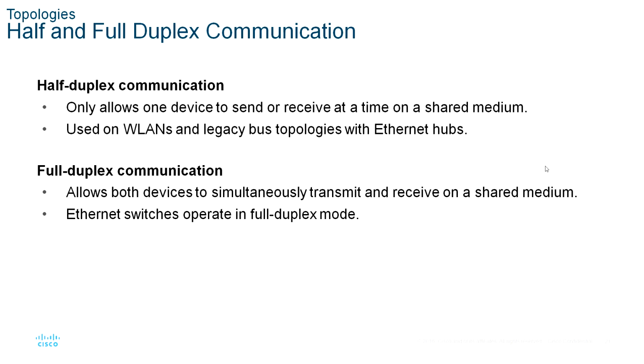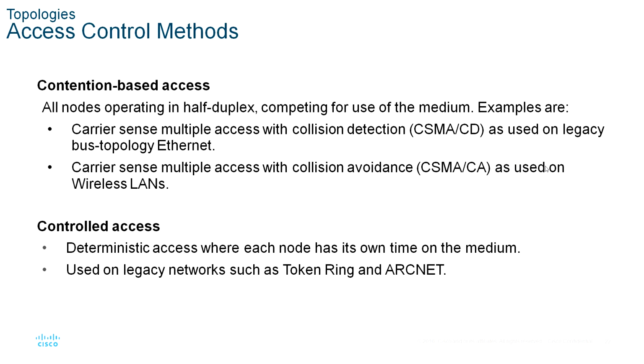The next one, access control methods. Ethernet LANs or WLANs, wireless local area networks, are examples of multi-access networks. A multi-access network is a network that can have two or more end devices attempting to access the network simultaneously.